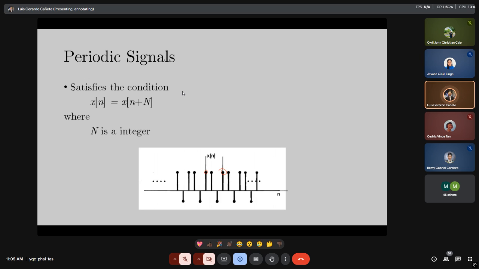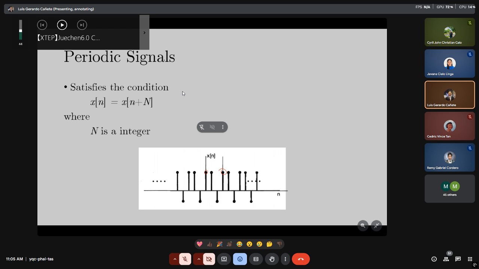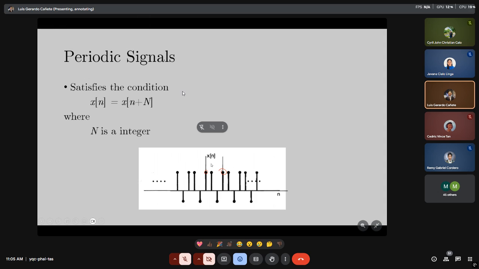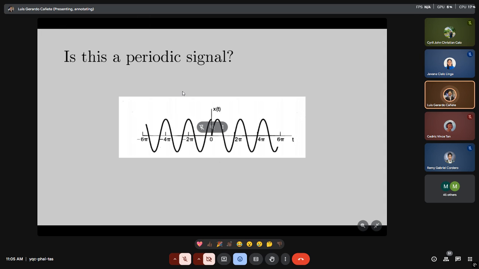So therefore, the period that we use to describe the periodicity of the signal is also going to be an integer. Sorry. So then we showed that not all signals that have a repeating pattern over a region would necessarily be periodic. So an example of that would be this case.